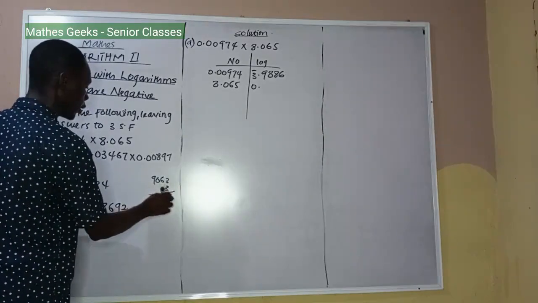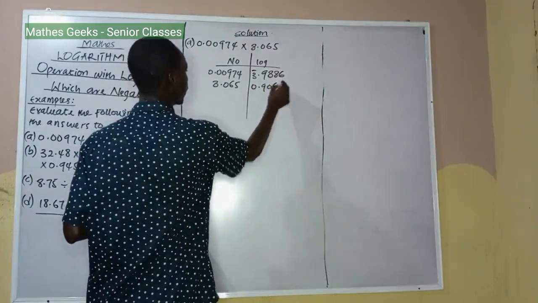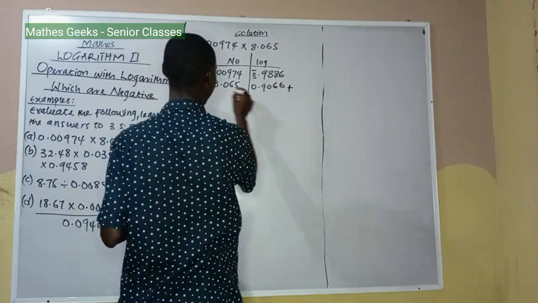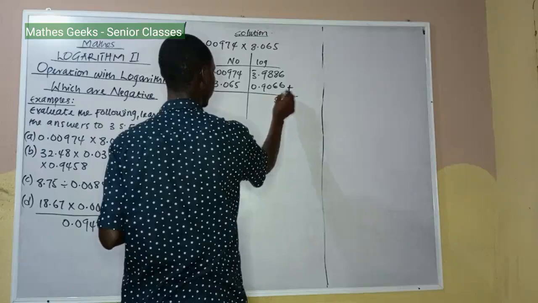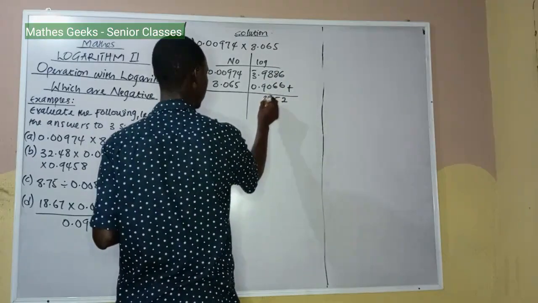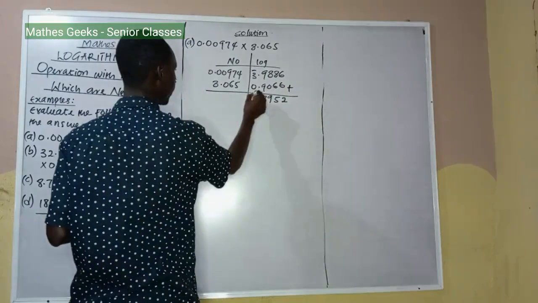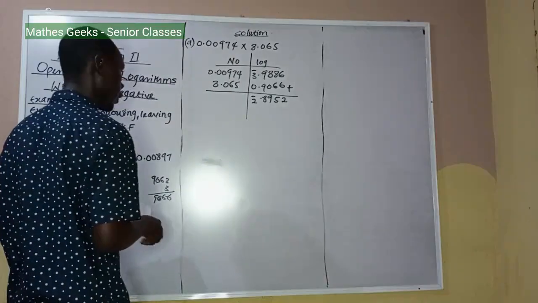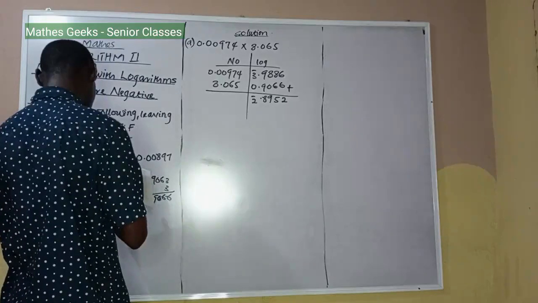Now these are 9066. Since it's multiplication, then it's plus here. So 6 plus 6, 12. 8 plus 6, 14 plus 1, 15. 8 plus 0, 8 plus 1, 9. 9 plus 9, 18. Rather, 8 carry 1. Bar 3 plus 1 will give us bar 2. So 0.8952. Now we find the anti-log of 0.89 under 5.